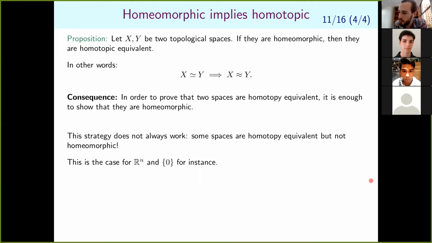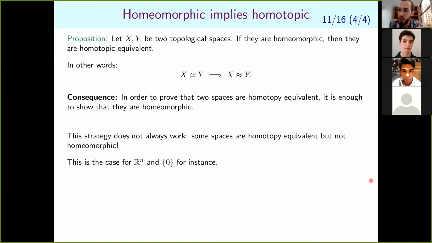And another answer will be, as we will see next week, there are topological notions that are better defined at the homotopy level.